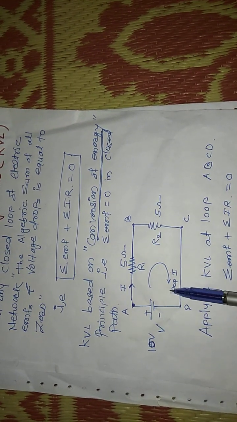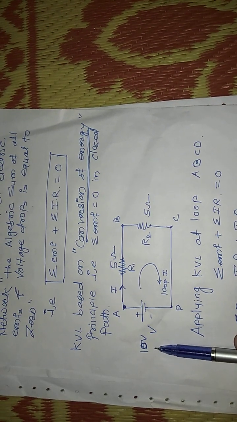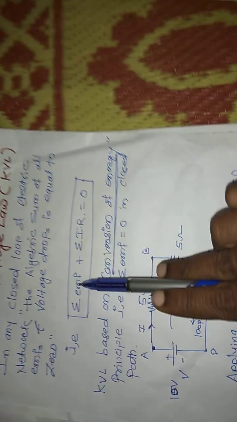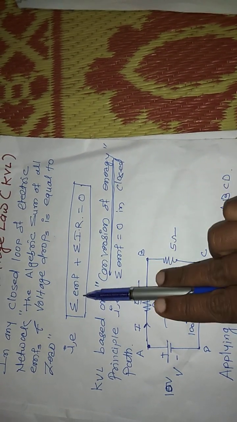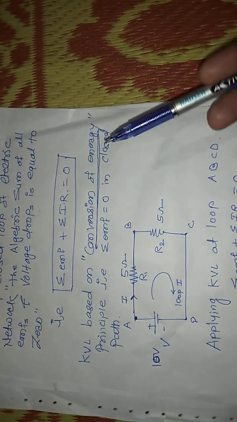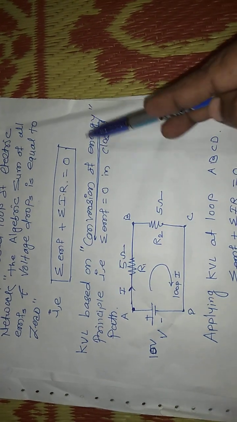That is the closed loop. In this closed loop, you have to find the number of EMF and the number of voltage drops, and the summation of the voltage drops and the EMF is equal to 0. We are going to see whether the equation is 0 by solving one problem.